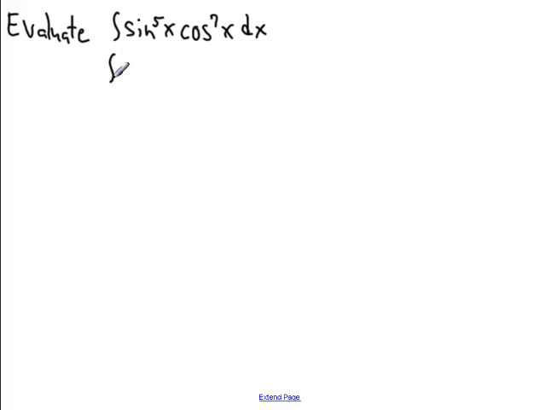So let's do that. We're going to write this as sine fourth x times sine x times cosine seventh x dx.